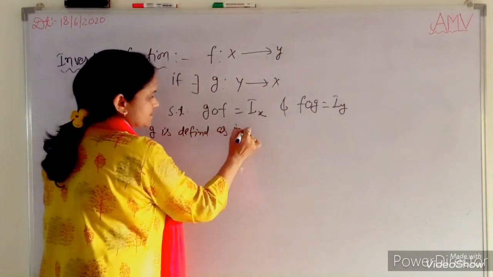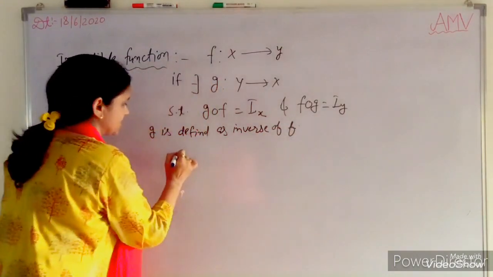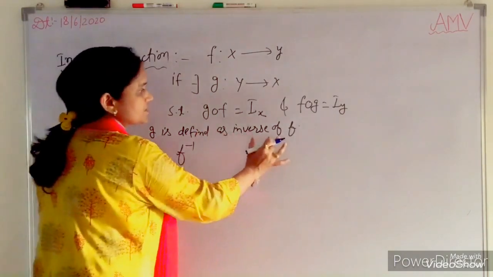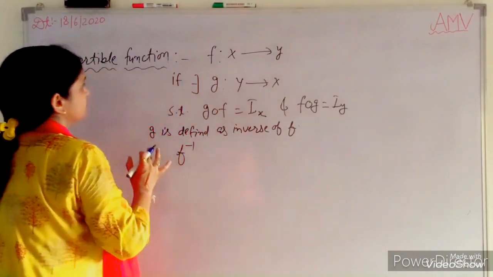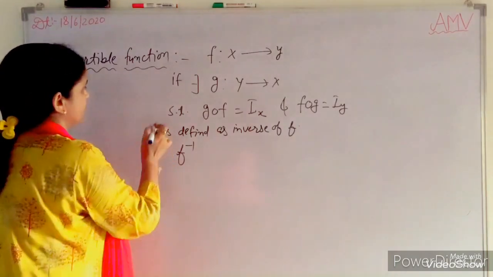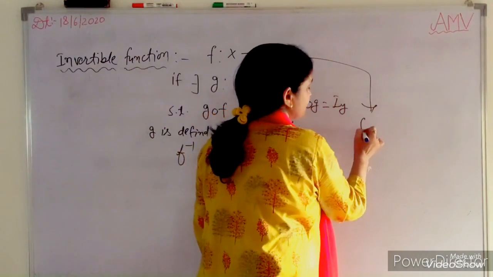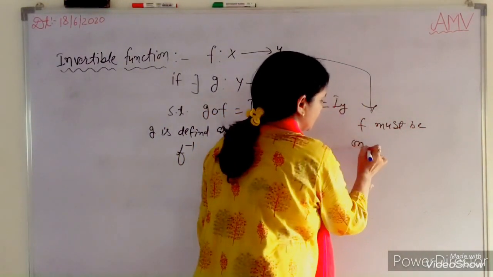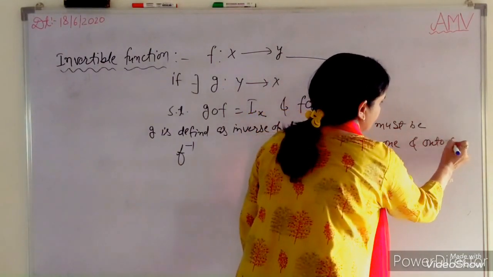And g is defined as the inverse of f and written as f inverse. We can write g is the inverse of f. Now, next concept for this invertible function, student: for an invertible function, f must be one-one and onto.